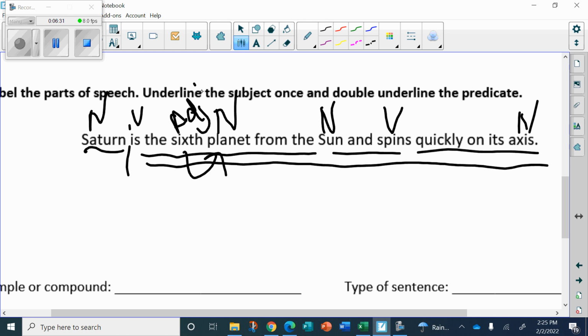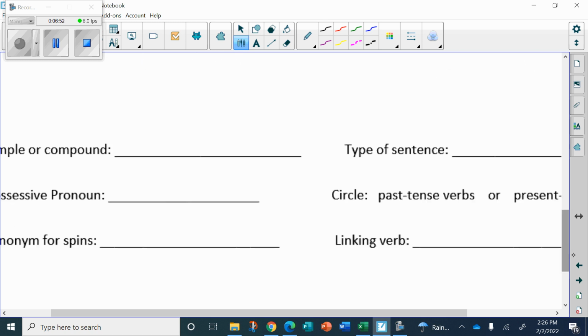Do you see anything that answers how, when, or where? How did Saturn spin? Oh, it spins quickly. Guess what? It's a verb, so it modifies a verb. So this is an adverb. Okay, all right, let's go down. Simple or compound? Well, there's only one subject, so it's simple.